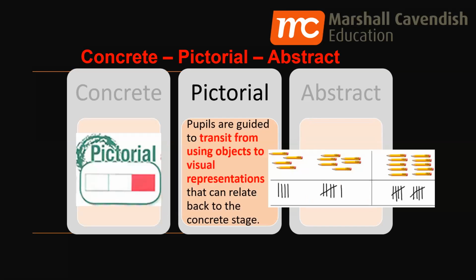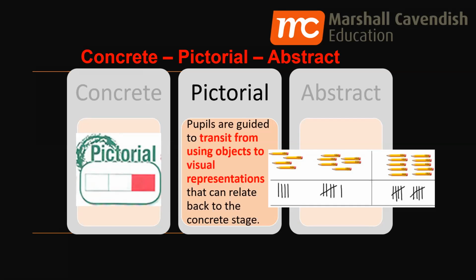Next, we move on to pictorial. What is the pictorial stage? As mentioned earlier, the concrete stage is where the sense making starts. A big, difficult or abstract concept starts in bite-sized amounts. For example, there are some photographs after this, an example of addition with renaming or subtraction with renaming.